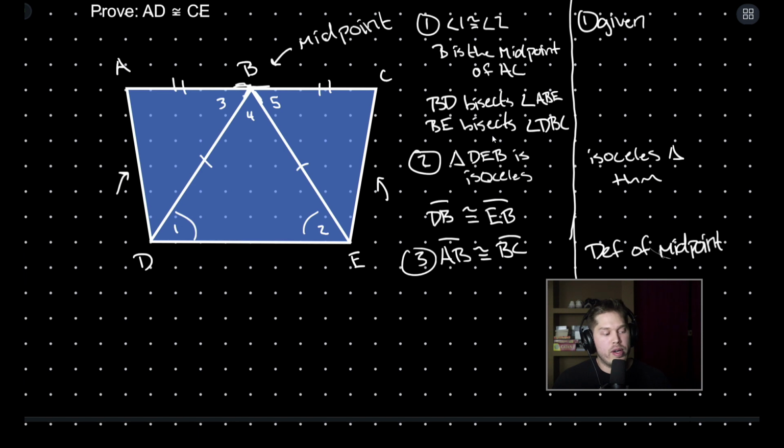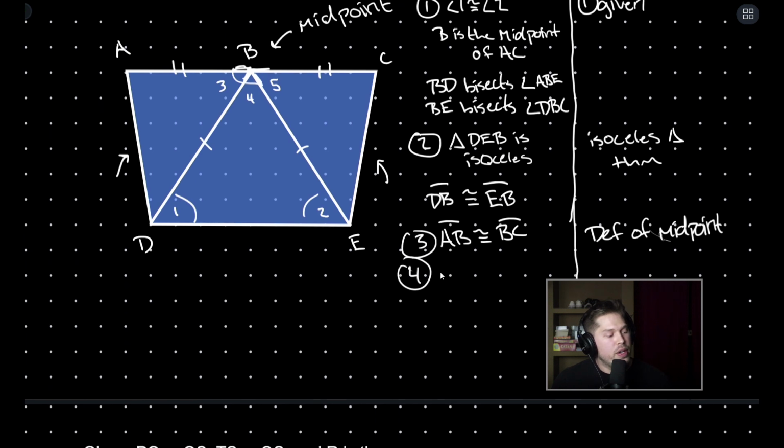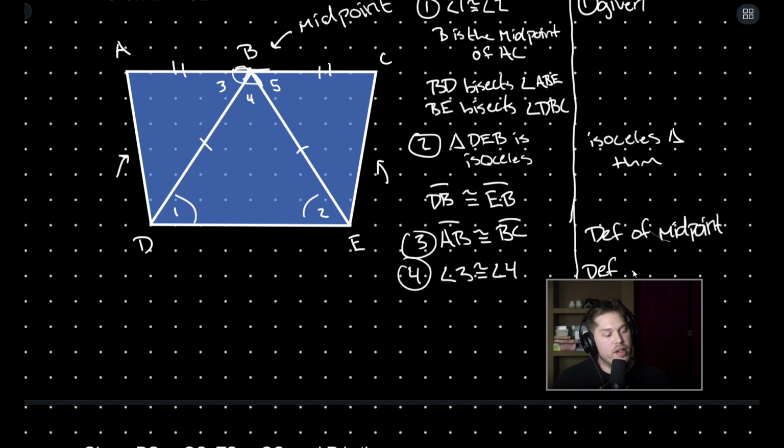And then what lastly were we told? We were told that BD bisects ABE. Well, if BD, this line here, bisects ABE, this full angle, then that means that angle 3 and 4 are equivalent. So angle 3 is congruent to angle 4 by definition of angle bisector.